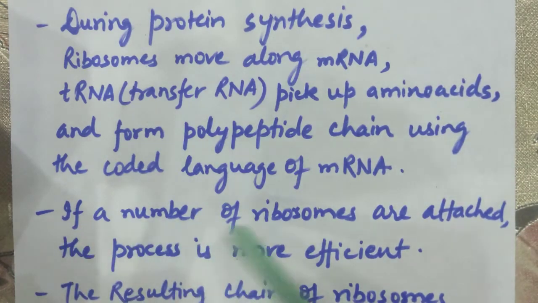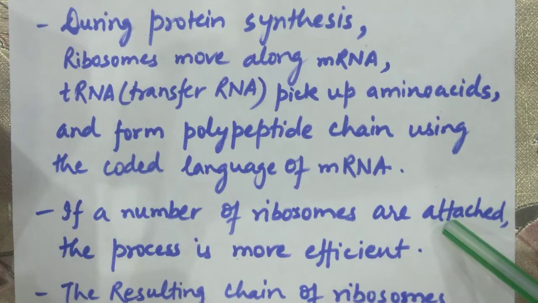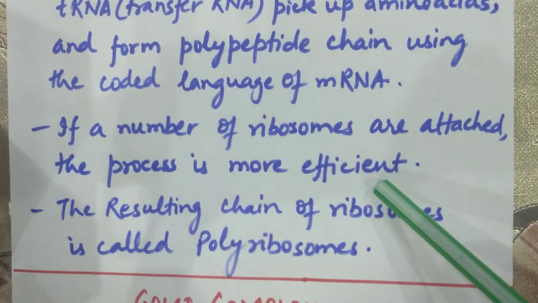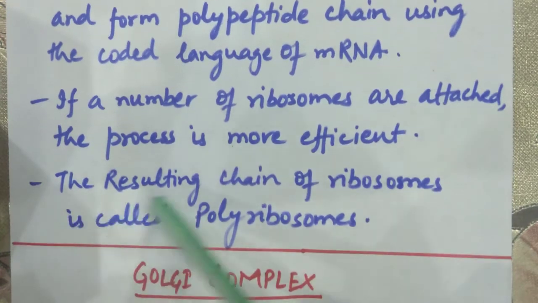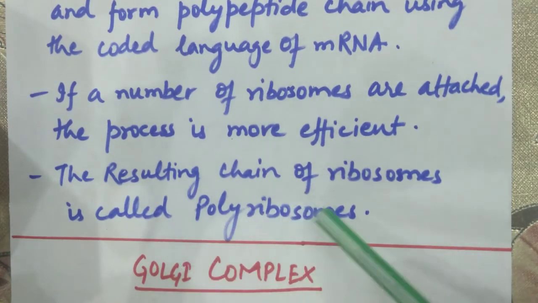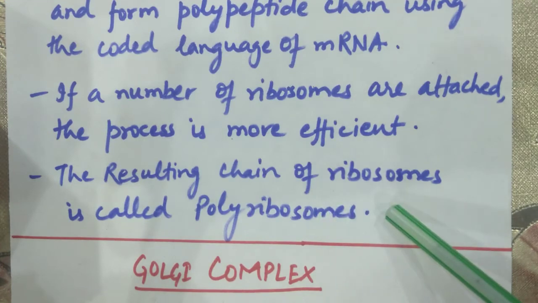If a number of ribosomes are attached, the process is more efficient. So the resulting chain of ribosomes is called polyribosomes.